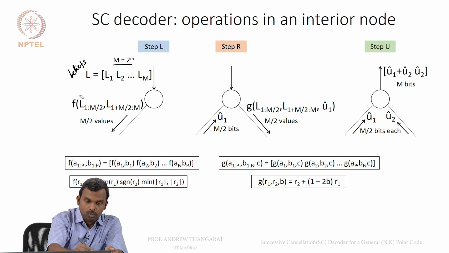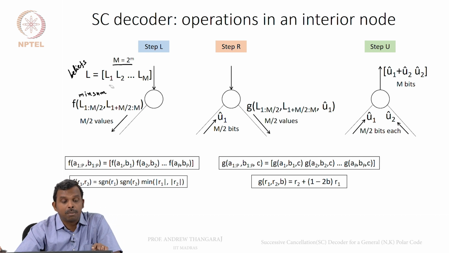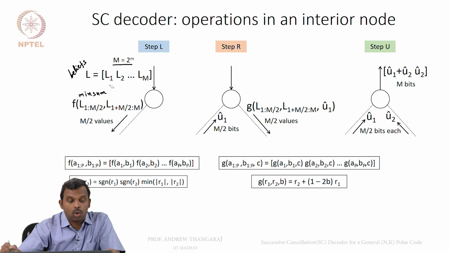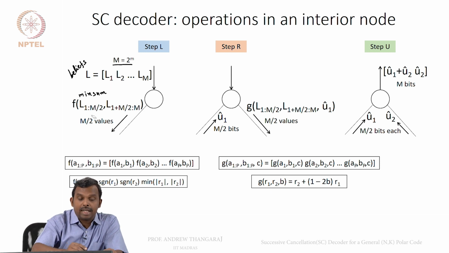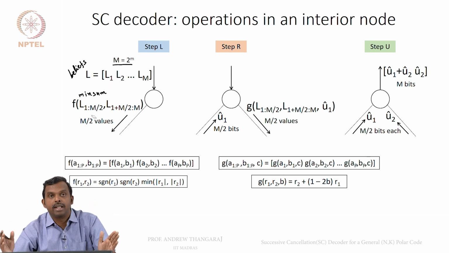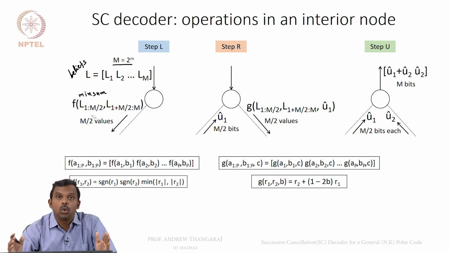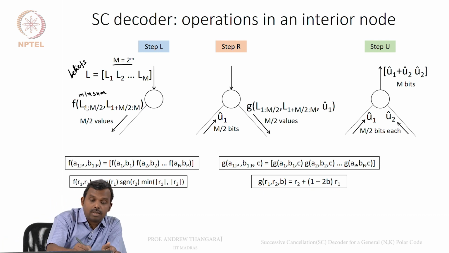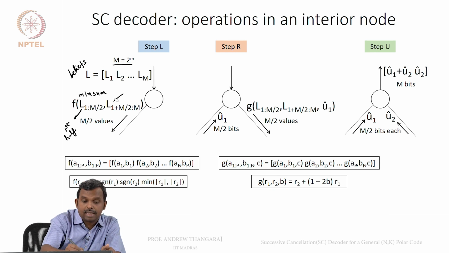It does min sum in a particular way. It does min sum on two vectors: it divides the vector L into 2. This is the first half of the vector, and this is the second half of the vector.